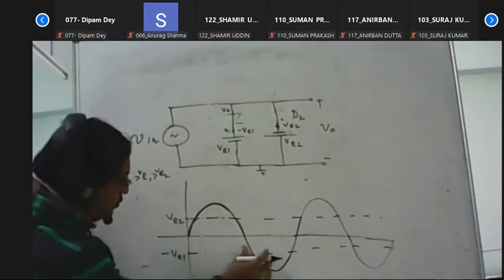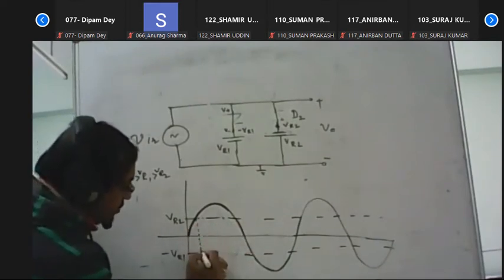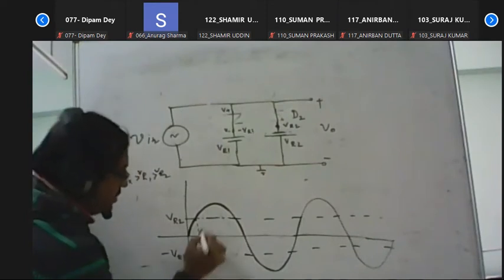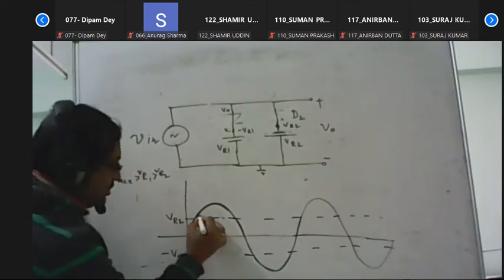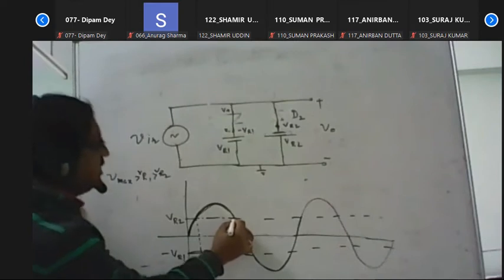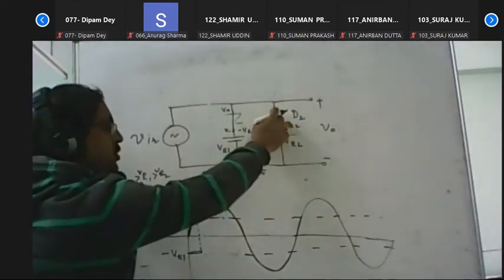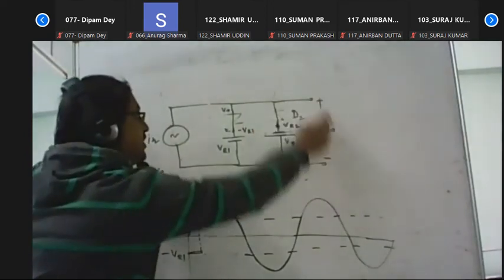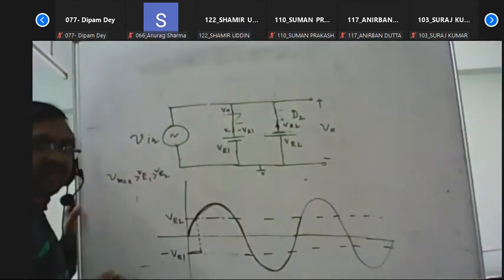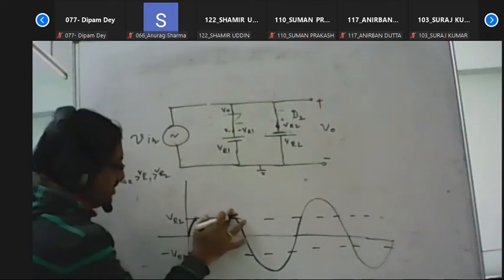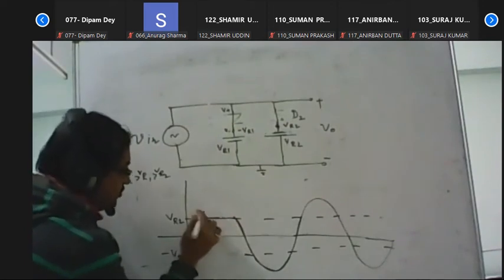So up to that value, it will be equal to minus VR1. In this section, the input signal is greater than VR2. Greater than VR2 means diode D2 is on. D2 on means the output voltage equals VR2. That means in this section, the output voltage equals VR2.